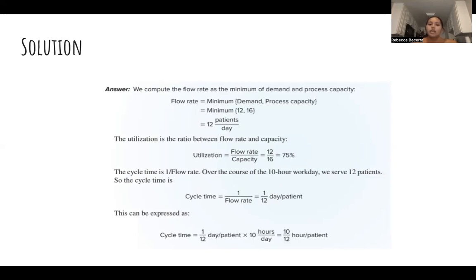You take one day over 12 patients and multiply it by 10 hours in one day. So it's going to be 10 hours to serve 12 patients, which, as we see, isn't fully what the doctor is capable of, but this is what it takes to meet his demands, which is important. Our cycle time lets us know that he can use those 10 hours to serve those 12 patients.